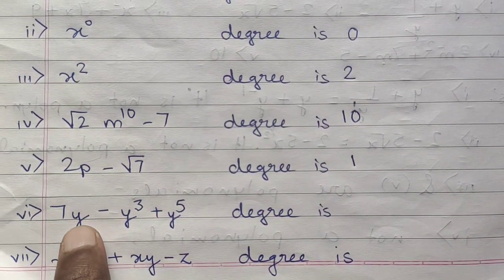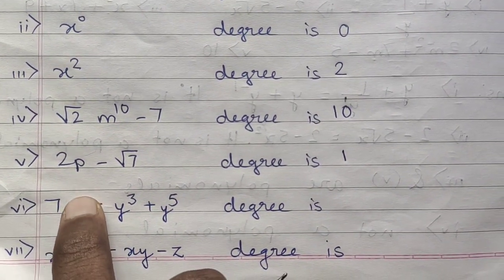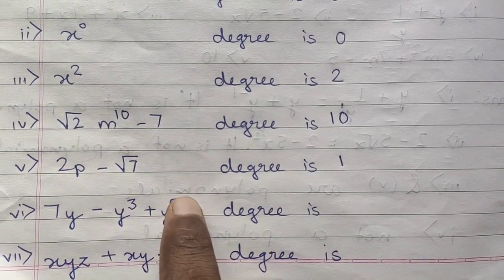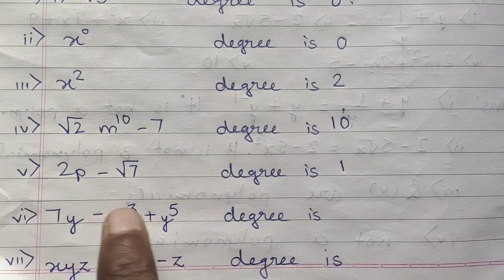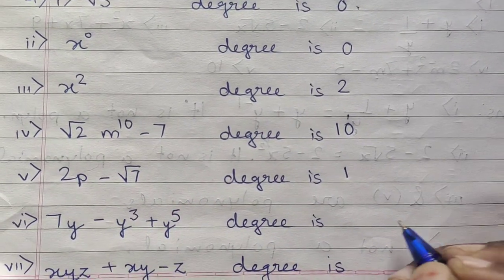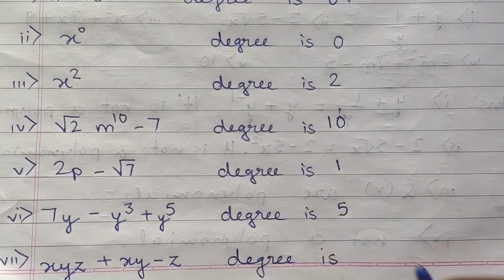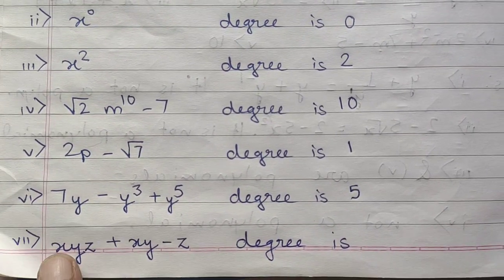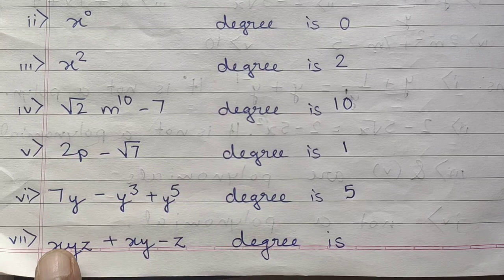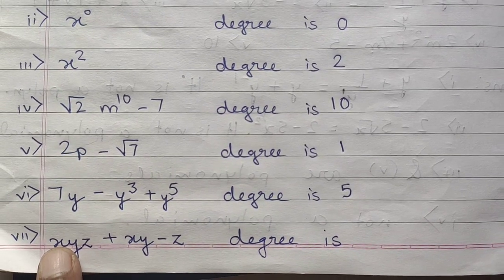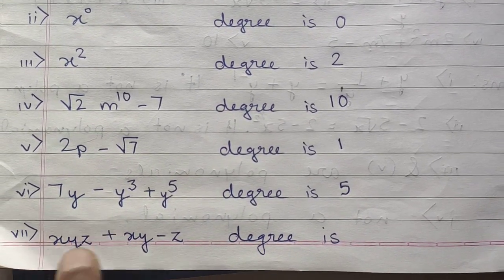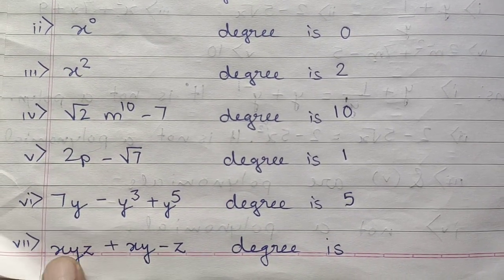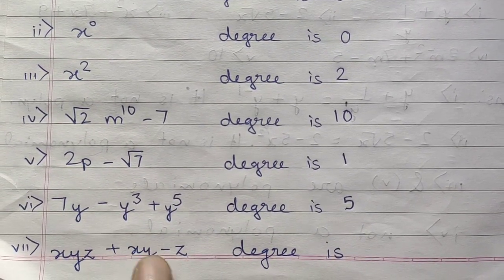Now in this case, this y has power 1, this y has power 3 and this y has power 5. Now which one is highest? 1, 3, 5. So the highest is 5. So your degree is 5. Now you see this example. What is the degree here? See, first the powers you see. Power is 1, 1, 1 and in multiplication you have to add the powers. So 1, 1, 1 means 3 and here 1, 1 means 2 and here 1.